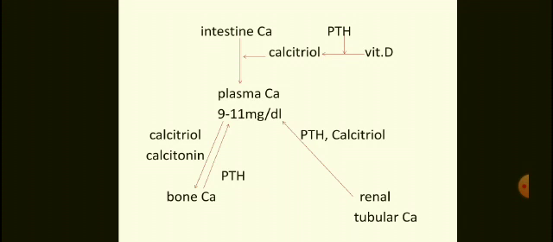That is, PTH and calcitriol cause reabsorption of calcium in the kidneys. So that will increase plasma calcium level. So this is how calcitriol, PTH and calcitonin act together to maintain the plasma calcium level between 9 to 11 milligram per dL.